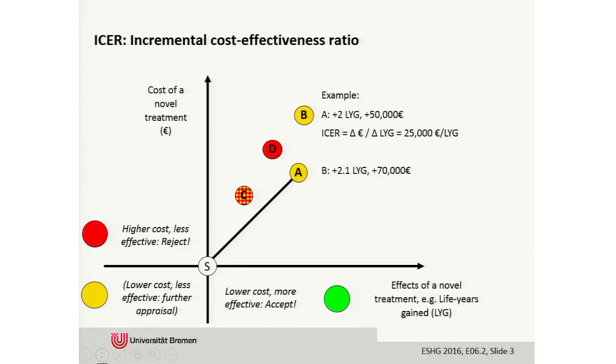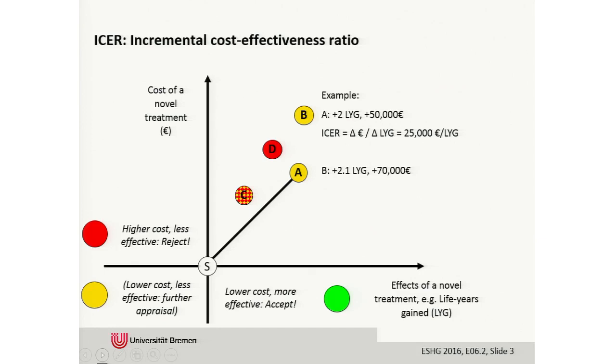Now assume technology A provides 2 additional life years. So you have 2 life years gained, and it costs an additional 50,000 euros. What you would calculate is the incremental cost divided by the incremental life years gained, which in this case would be 25,000 euros. Now it's very important always to look at the incremental, at the additional costs and the additional effects.